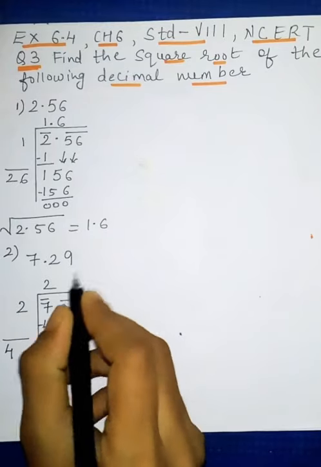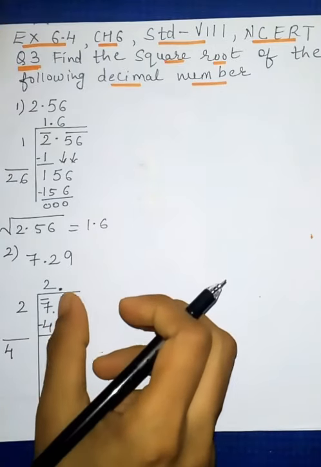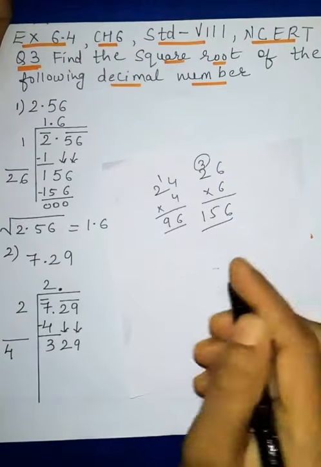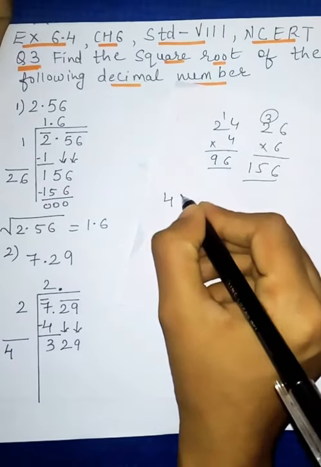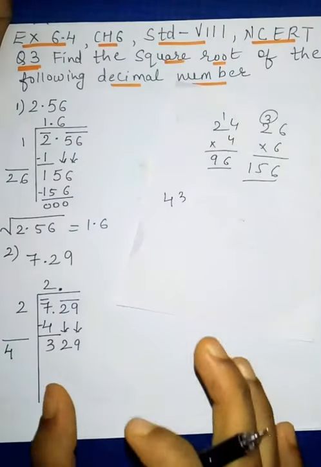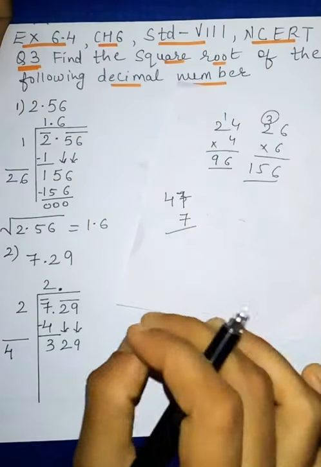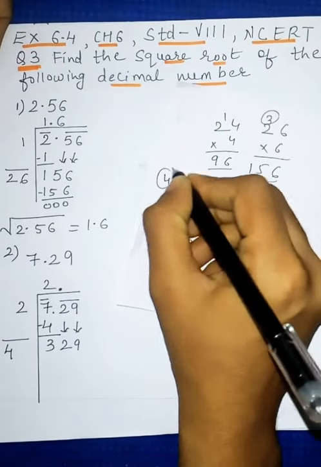Before keeping the next number, we will keep a point here. Now 4 is there. Again the last digit is 9. So when will the last digit 9 come? 3 threes is 9, but if you keep 3, I don't think it will come. Let us try with 7, because 7 sevens is also 49. 7 sevens are 49, so 9 carry 4.